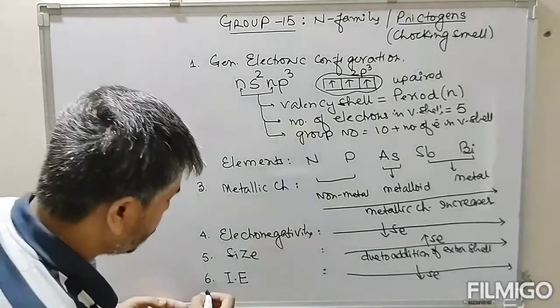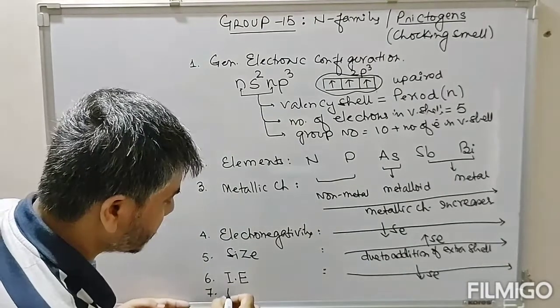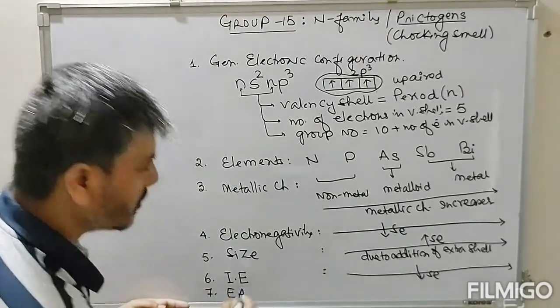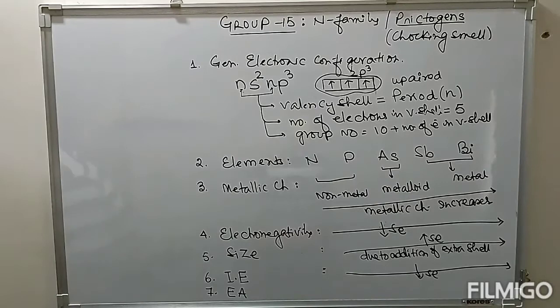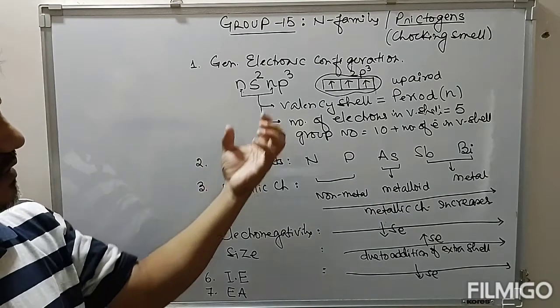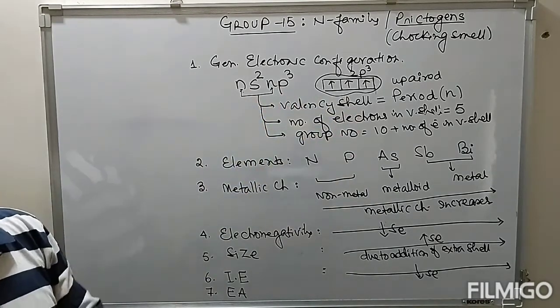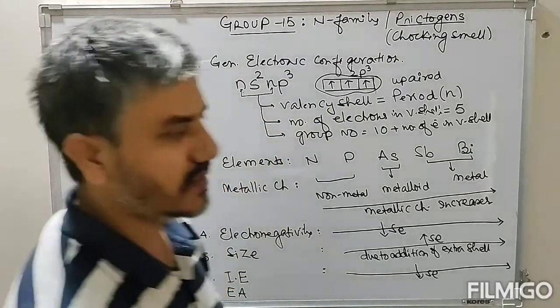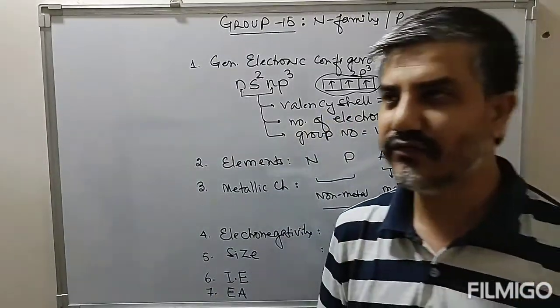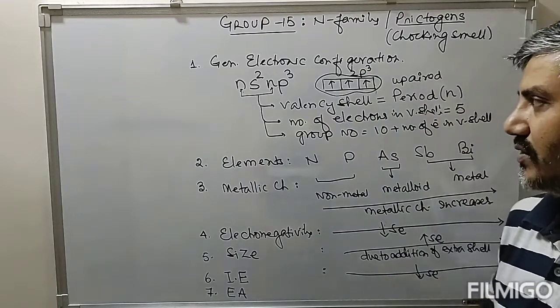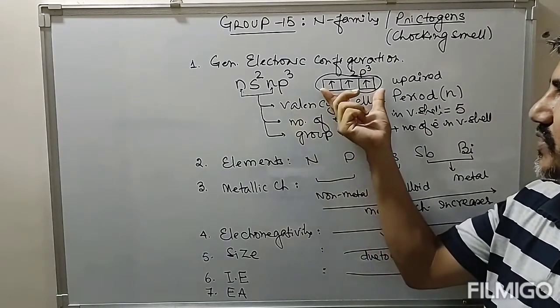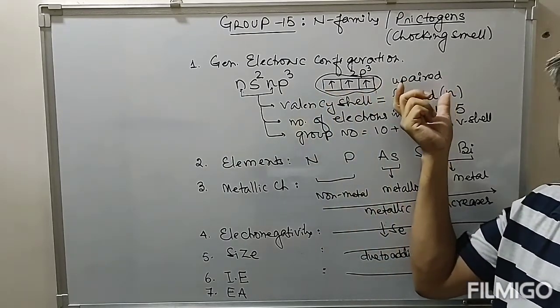Now after this we have electron affinity or electron gain enthalpy value. Now look at this. These elements in the ground state have half filled stability. So the p orbital has 3 electrons and this is completely half filled.